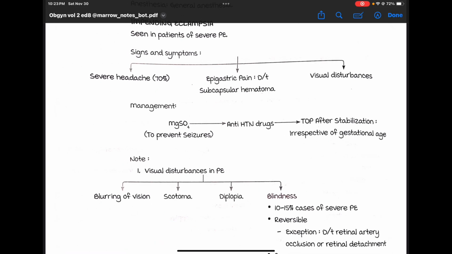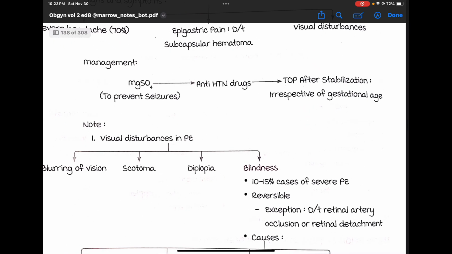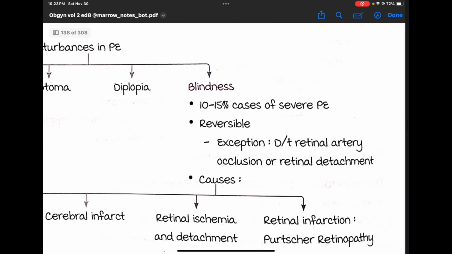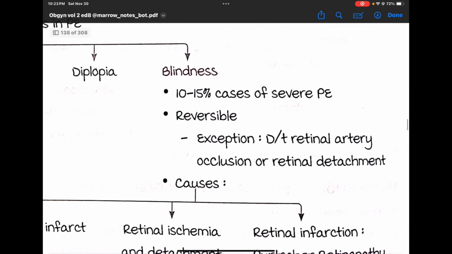Management: magnesium sulfate to prevent seizures, antihypertensive drugs, termination of pregnancy after stabilization, irrespective of gestational age. Note: visual disturbances in preeclampsia include blurring of vision, scotoma, diplopia, blindness, seen in 10 to 15% cases of severe preeclampsia.